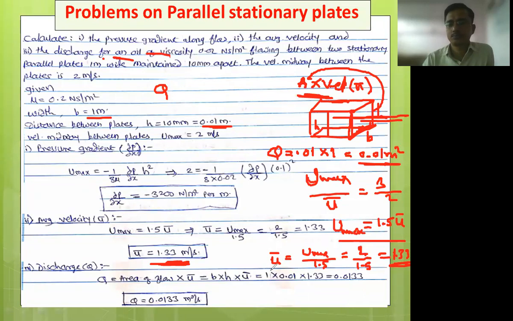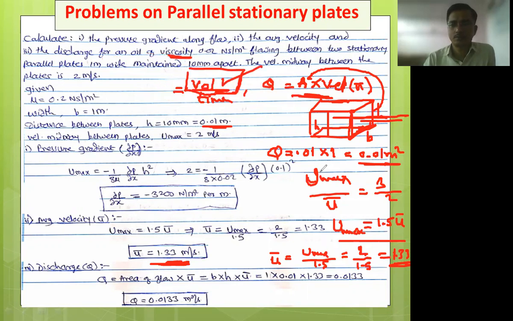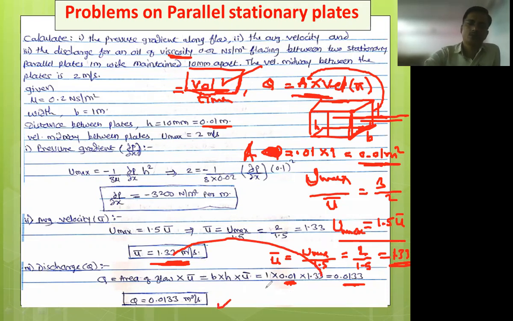Where did we find it? B into H, this is 0.01 into 1. This is the A actually. So this cross section area 0.01 multiplied by this velocity, you will get the discharge Q is equal to 0.0133 meter cube per second.